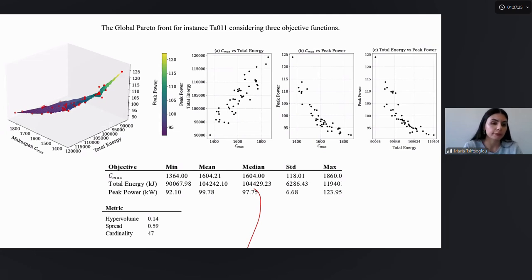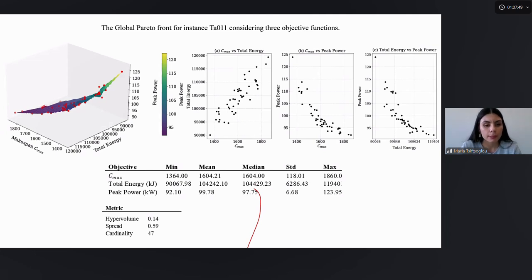We can observe a clear conflict, since reducing the makespan causes an increase in the total energy and the peak power. The 2-dimensional projections confirm these relationships, as the makespan and the total energy present a positive correlation and a negative correlation with the peak power.